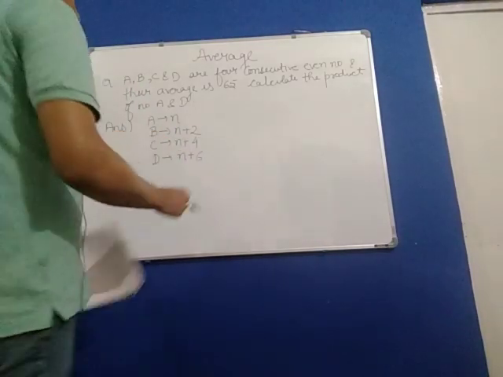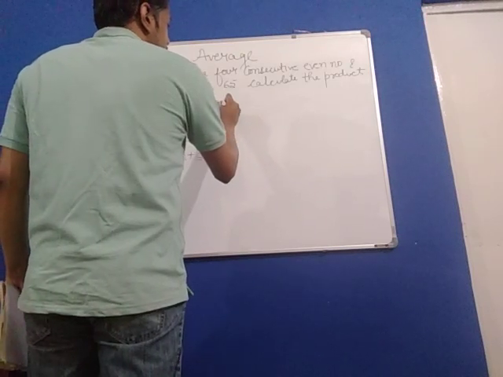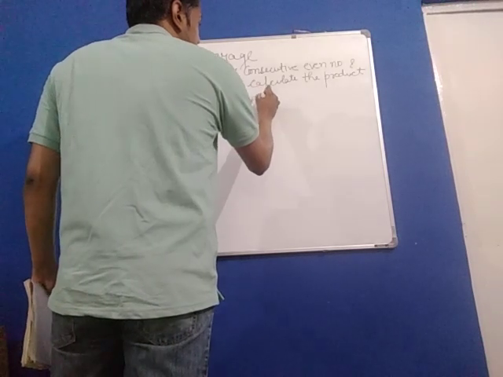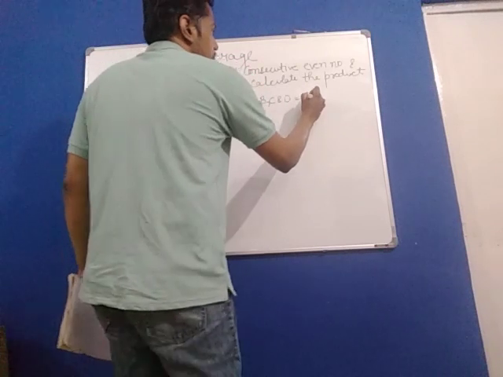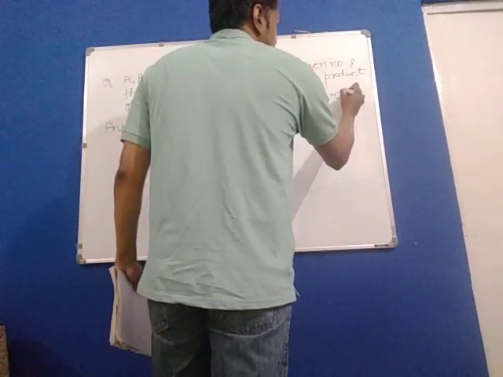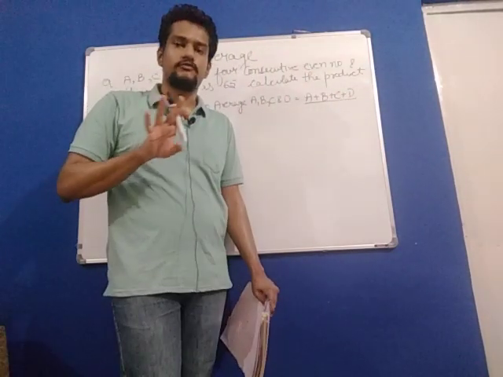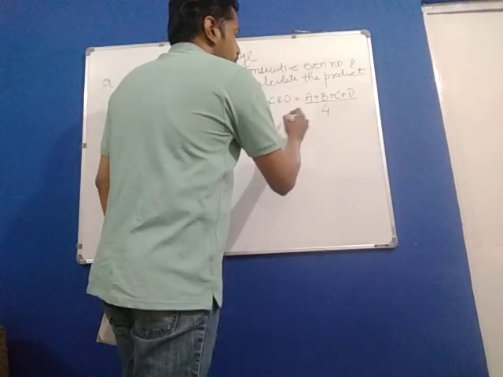Now what we are given is the average of the numbers A, B, C and D. Average of A, B, C and D will be equal to the sum A plus B plus C plus D upon the number of quantities, which here is 4.